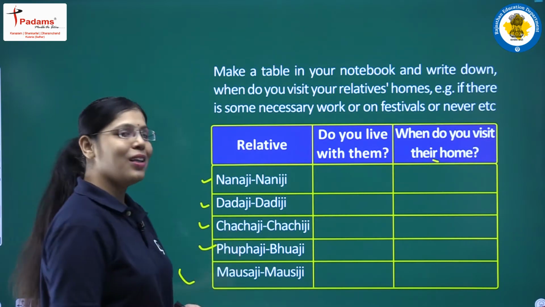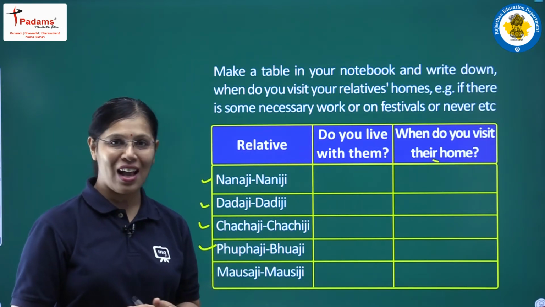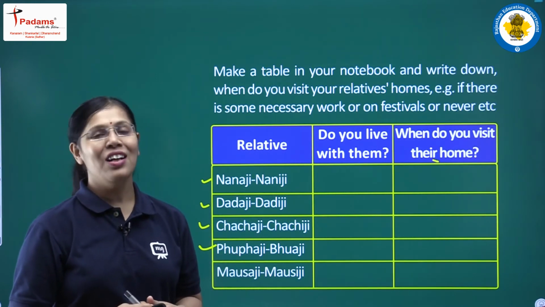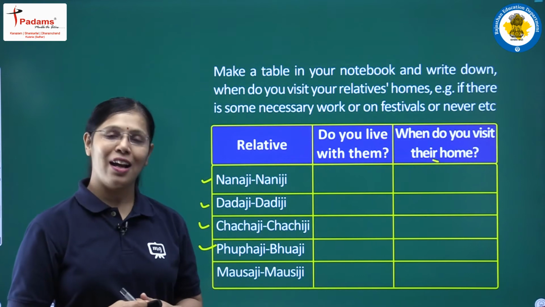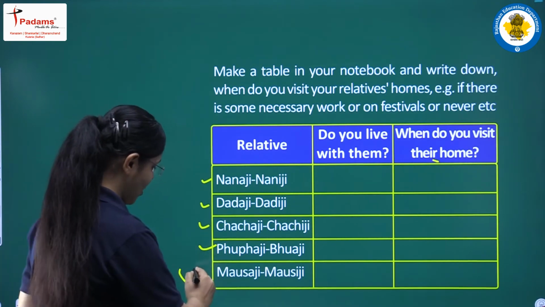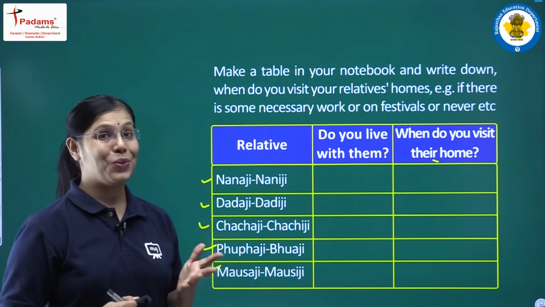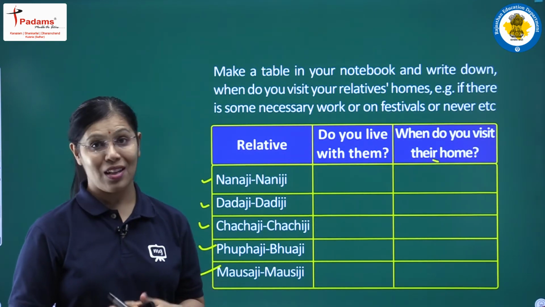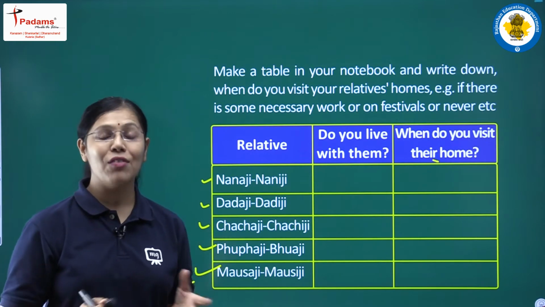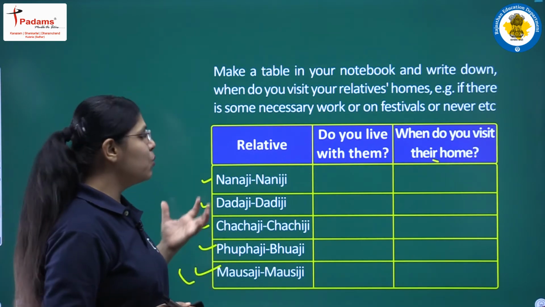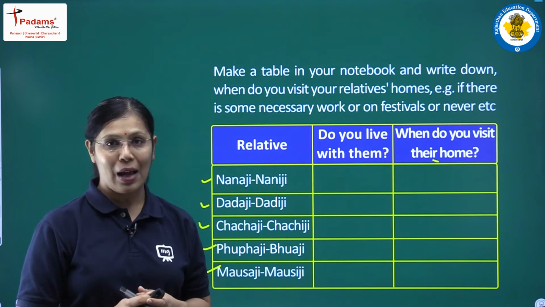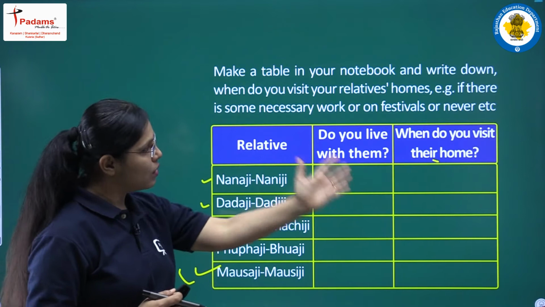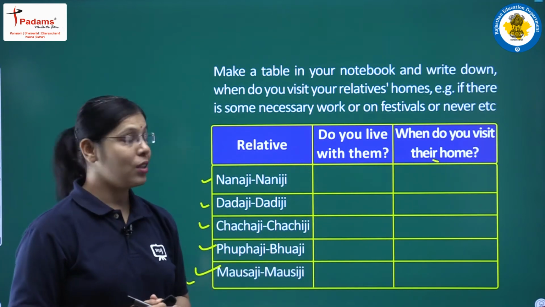Then Fufaji, Buaji, they are also uncle aunts, that is Buaji is the sister of your father and Fufaji is her husband. Then Mausaji and Mausiji. Who is Mausiji? Mausiji is sister of your mother. All of you have these relations, you may meet them or some of them may be living with you. So in this table you have to mention this thing.